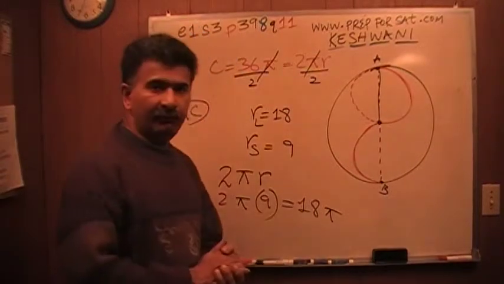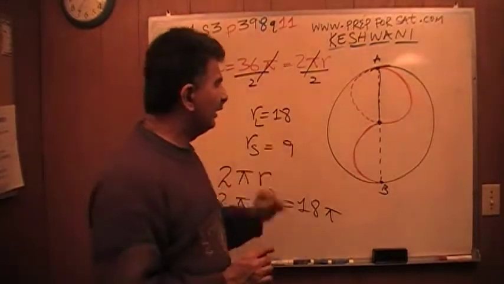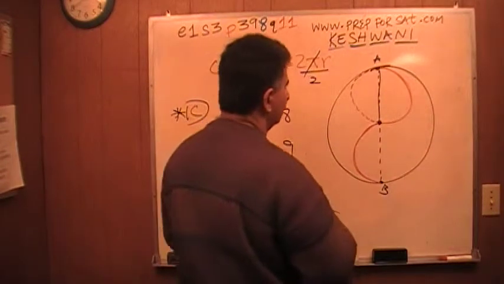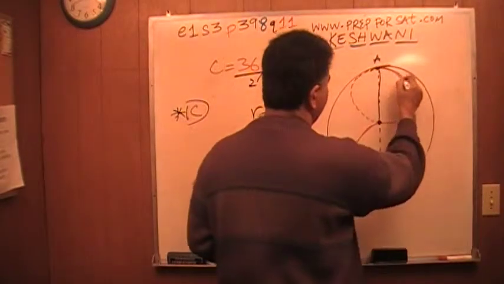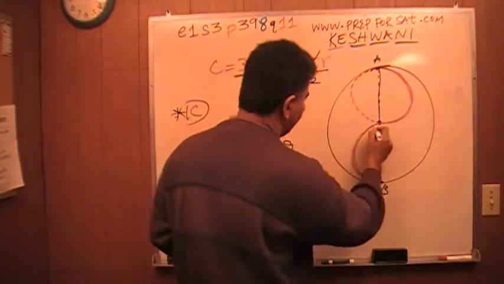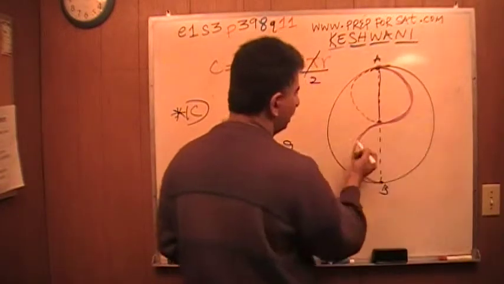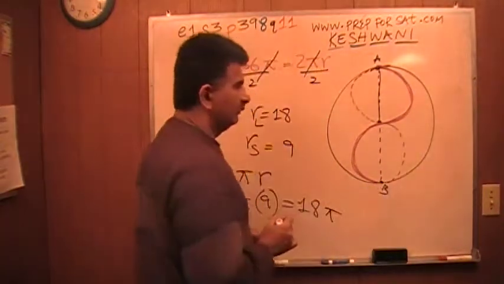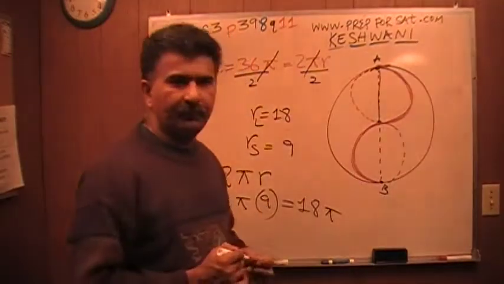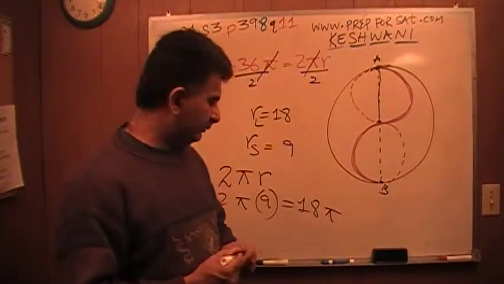I hope you found it helpful, but the key here is to realize that when we talk about this curved path, it makes it sound complicated, but this curved path is nothing more than one of the small circles. Because you see, half the circle is sitting here, half the circle is sitting there, just bring it up. So we're looking for the circumference of the small circle.